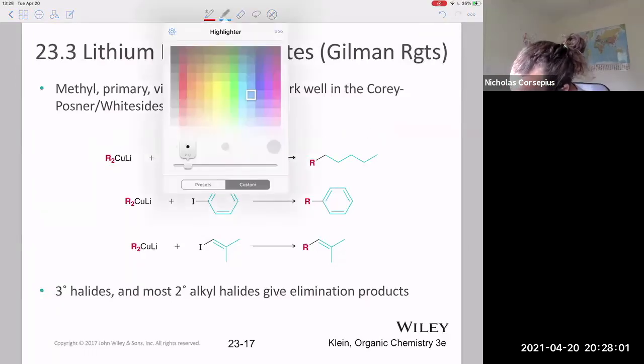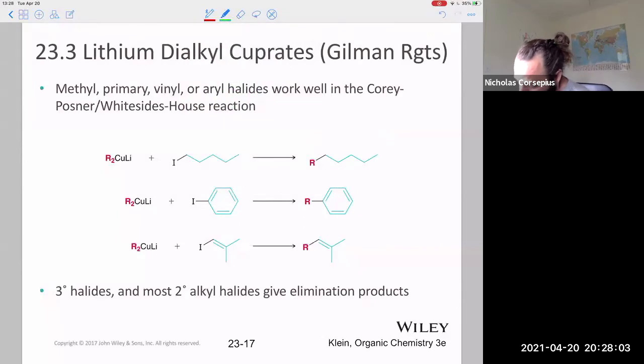And so how do we go about predicting products? Fairly easy. Your R group's just going to be attached to the electrophilic carbon that that halogen is attached to, right? So here's my new bond is going to be with this carbon here and my R group. Same if it's a vinyl, this carbon here and an R group.